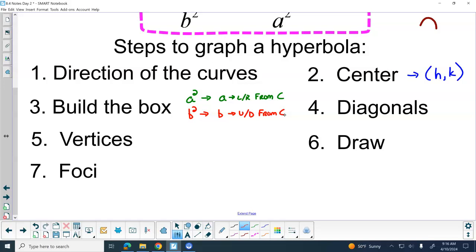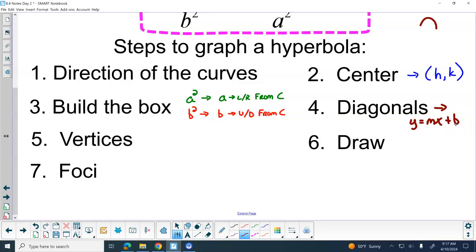Step number 4, then, you're going to come up with the diagonals of that rectangle. So you're literally going to go corner to corner and draw in a line all the way across your graph. Then you're going to come up with the y equals mx plus b for both of those.